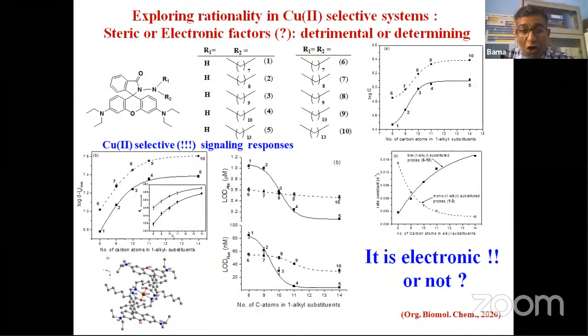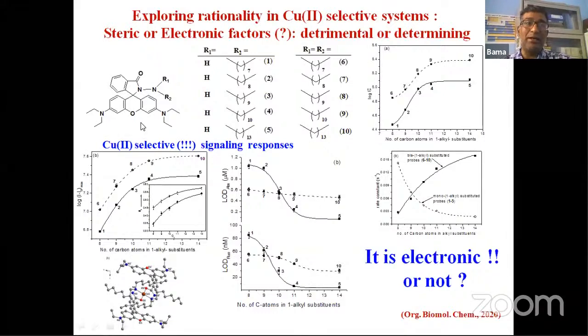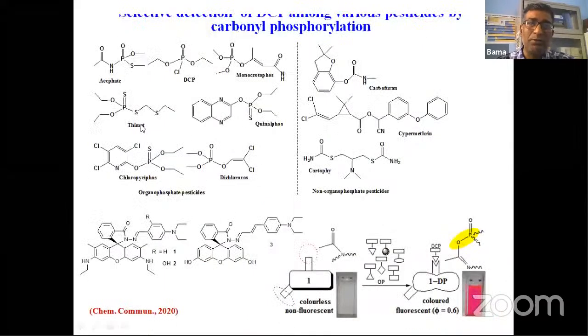If a long chain alkyl, which has an electron donating tendency, is on an amino system, does it have any effect on the opening of the spiro ring? Basically, we found that no, the hypothesis fails: the drifting of electron density from an alkyl chain to the nitrogen atom does not really help in the signaling of this kind of molecule.